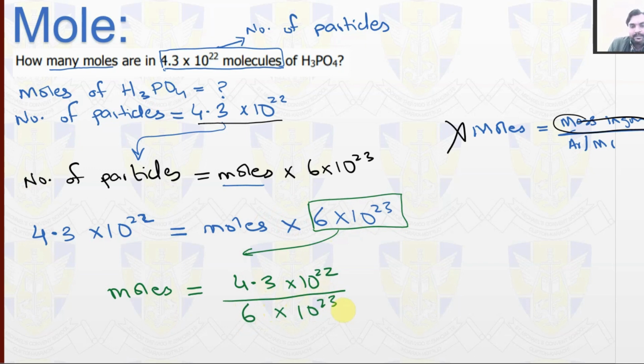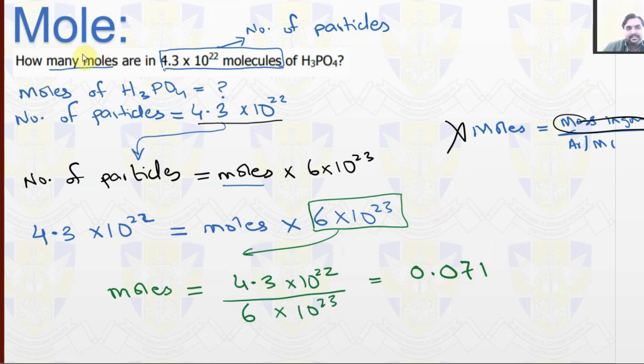So you have to divide 4.3 by 6, and you'll get 0.71, so you'll be getting 0.071. This is your answer for this.